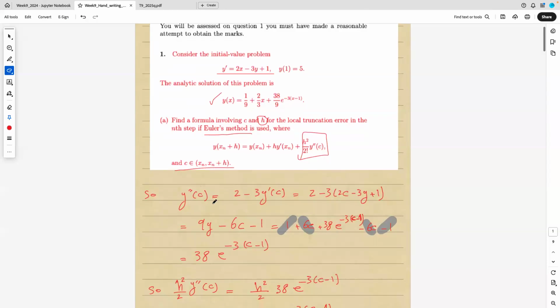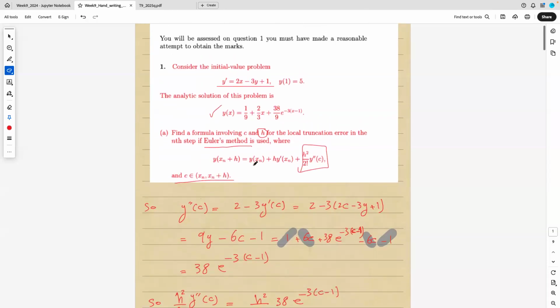Anyway, y double dash is equal to, using the first one, 2 minus 3y prime. The derivative of this is 2 minus 3 times the derivative of y, which as a dependent variable will be y dash or y prime. But y prime of c itself can be obtained by substituting y prime c by 2x minus 3y plus 1 and substituting x by c.